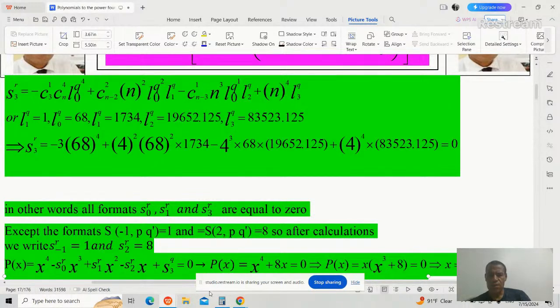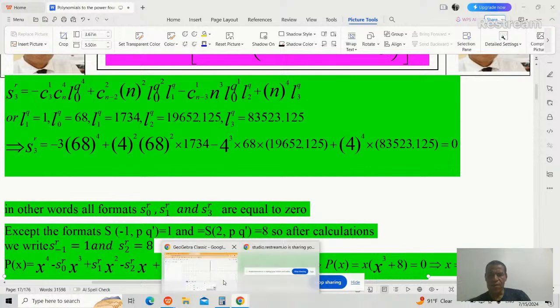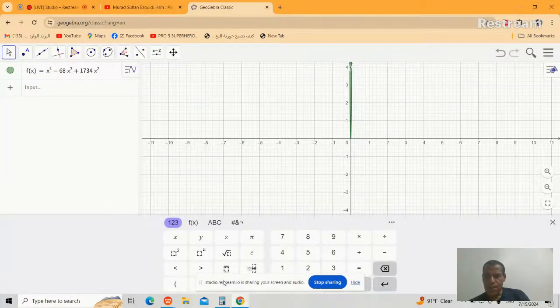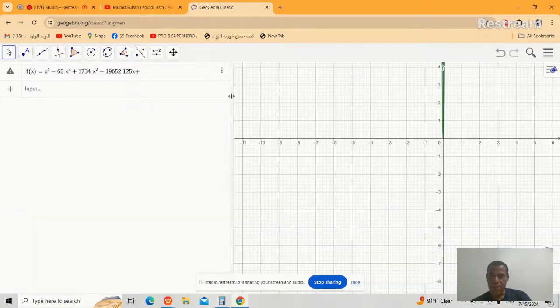Minus 19,652.125 x, of course. Okay, plus what? Oh, it comes like that.